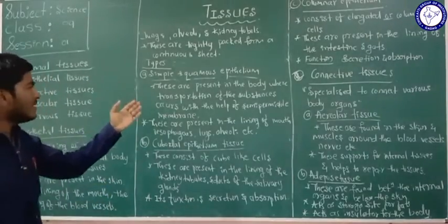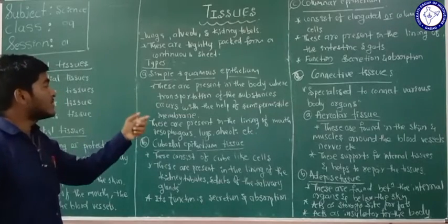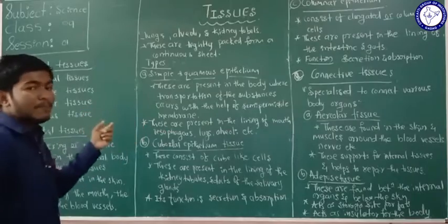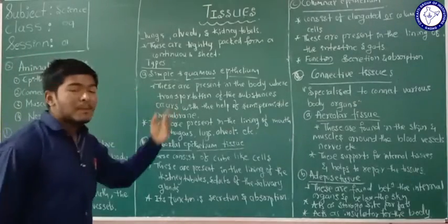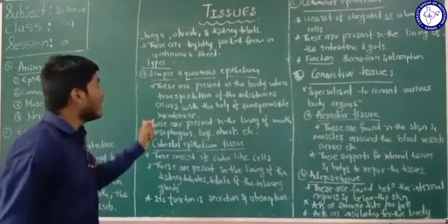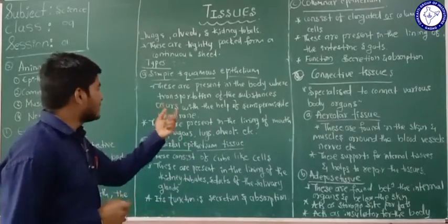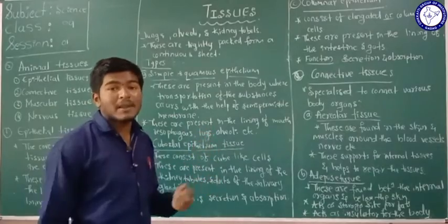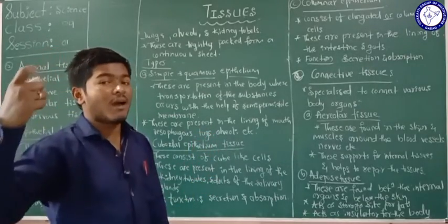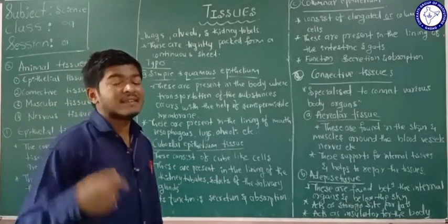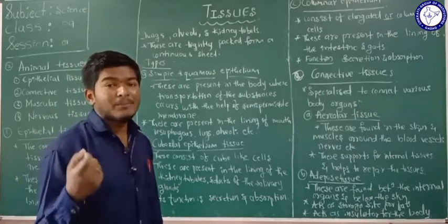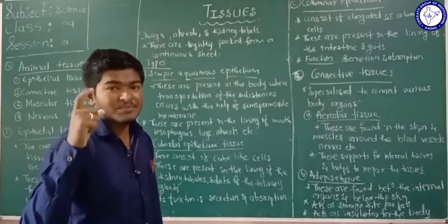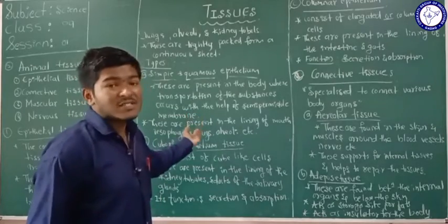These are present in the body where transportation of substances occurs with the help of a semi-permeable membrane. For example, as I told already, blood is one of the important tissues which performs the work of transportation.